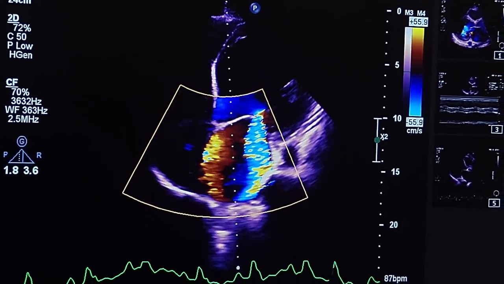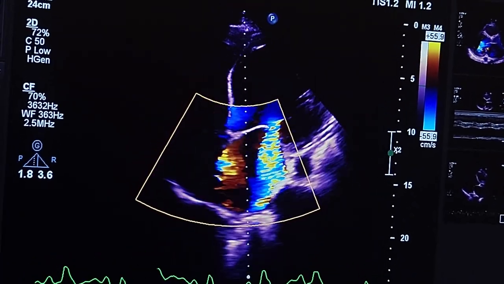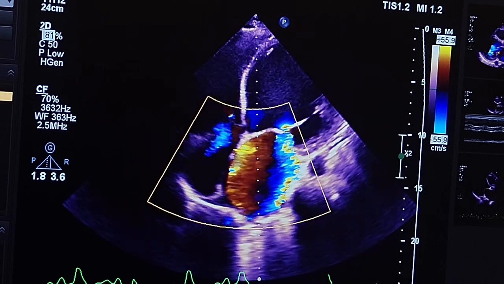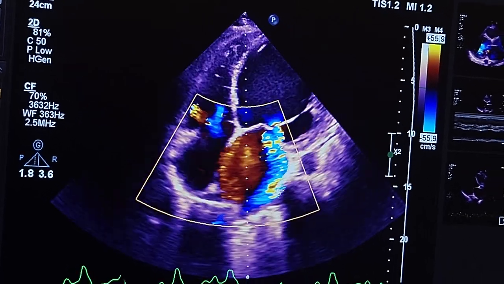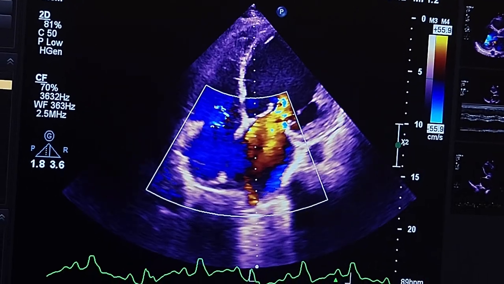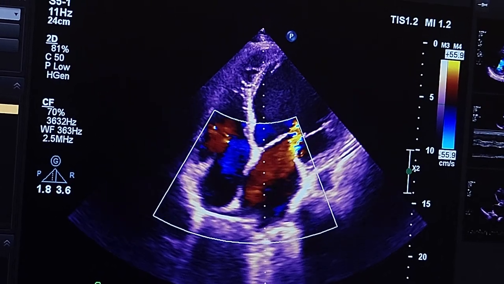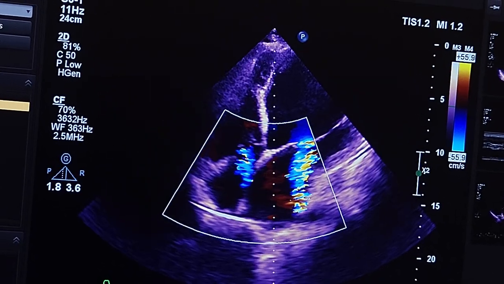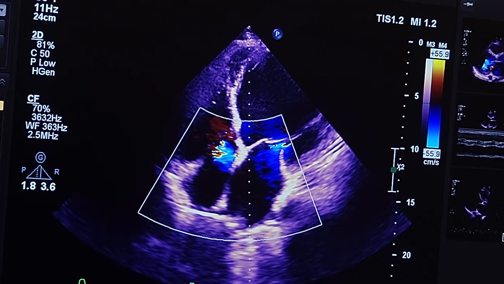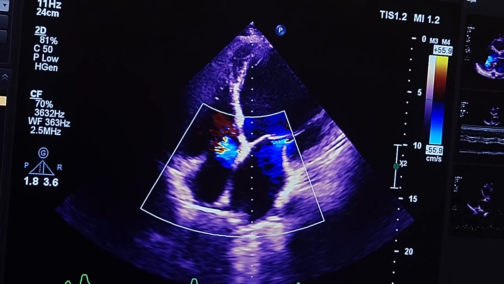So we have to obtain several views. Here the interatrial septum is easily seen to be intact. Another thing: when there is an interatrial septal defect, in that case there is right-sided volume overload at first and then pressure overload gradually.